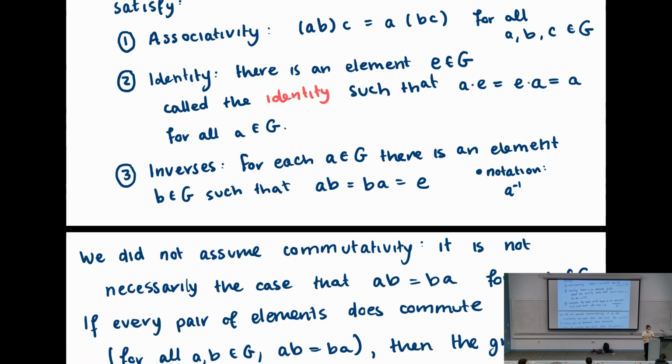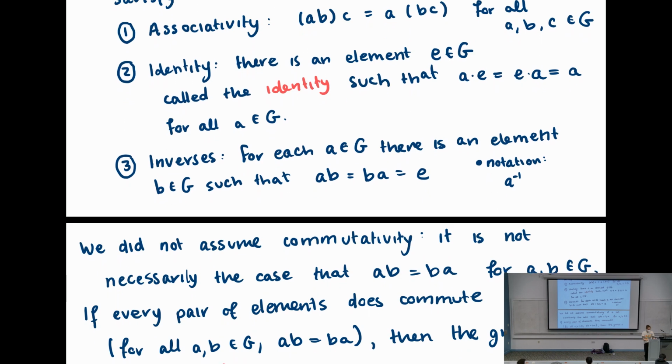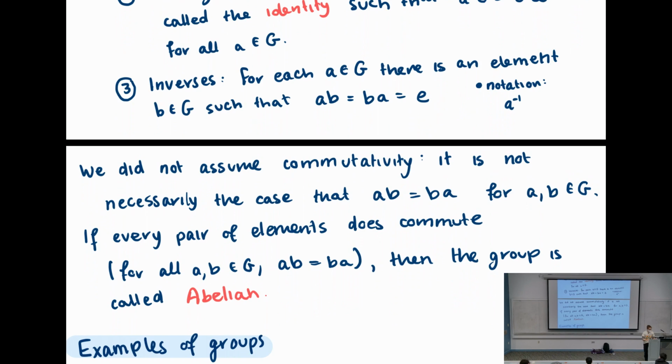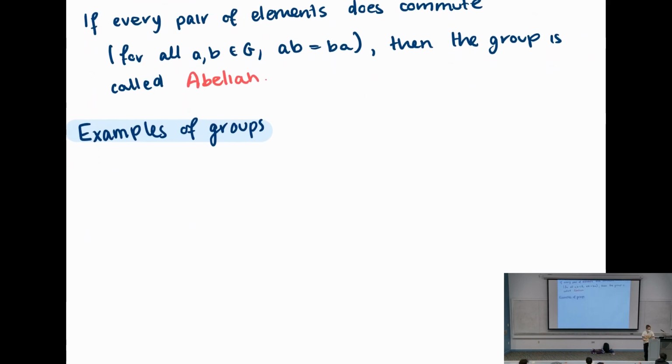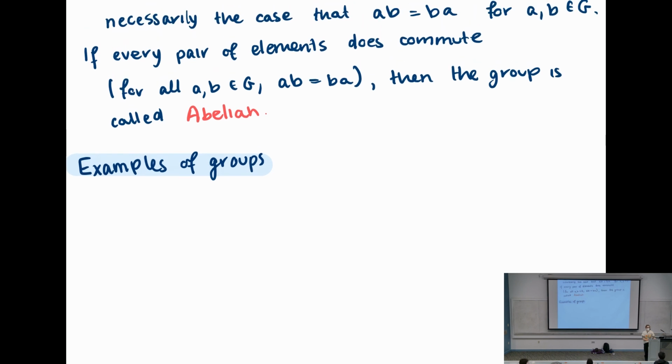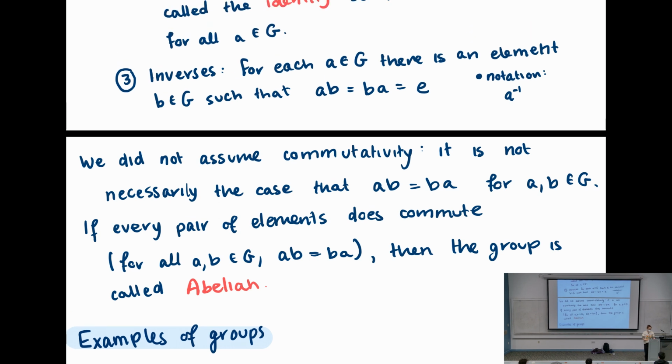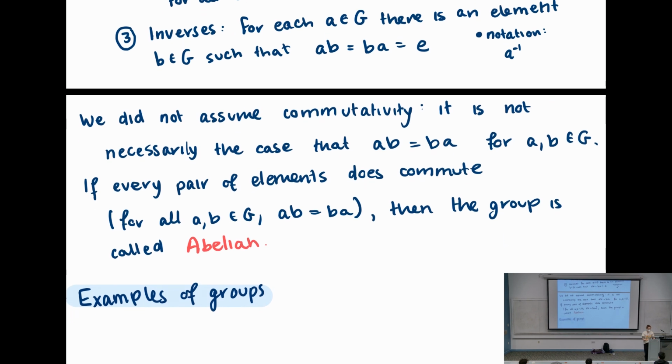I'm going to hold off on the other question because I don't want to expose you to the full complexity of what can happen right now. We can see some simple examples first to build intuition. But it is possible to have elements, even not equal to the identity, that are their own inverse.